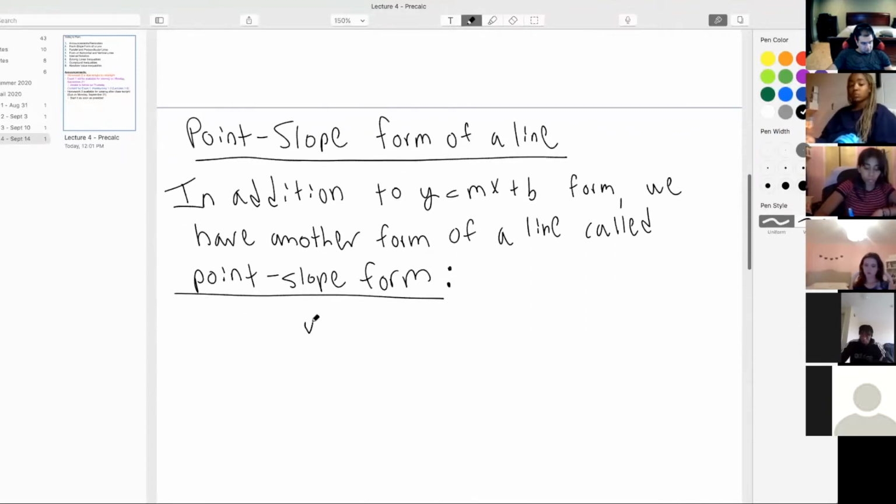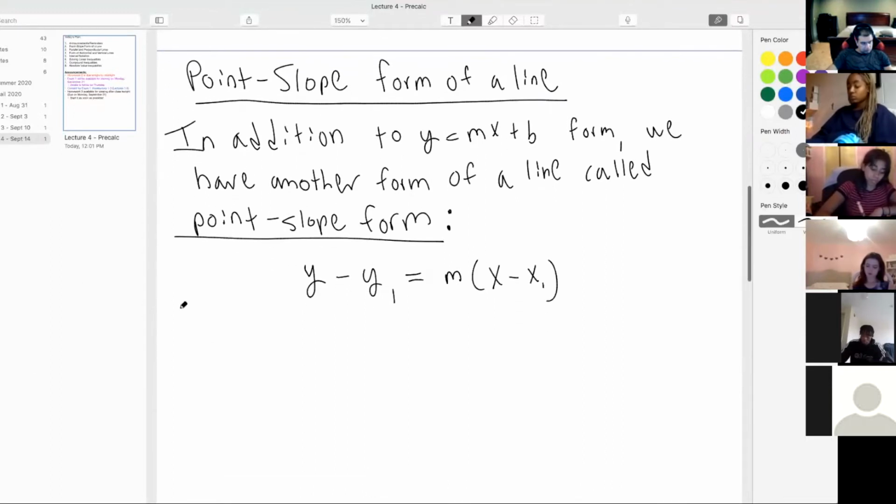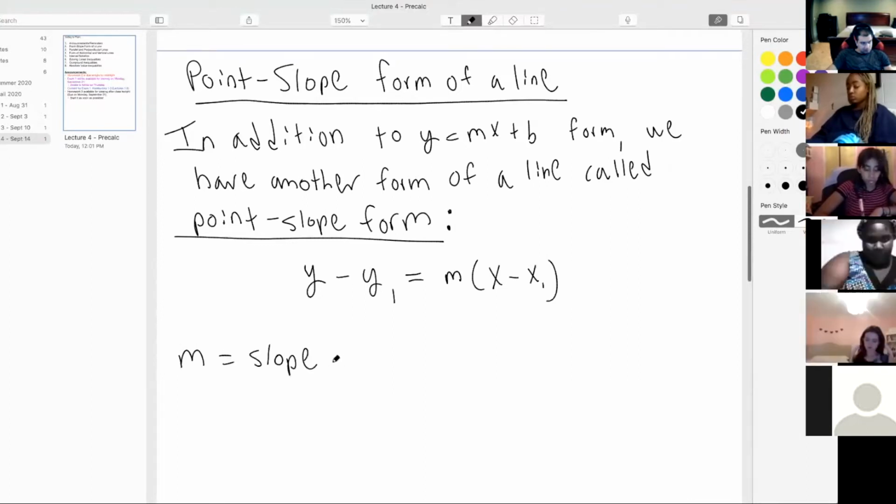So we have y minus y1 is equal to m multiplied by x minus x1, okay? And I have to tell you what these letters mean. So m is the slope, okay?